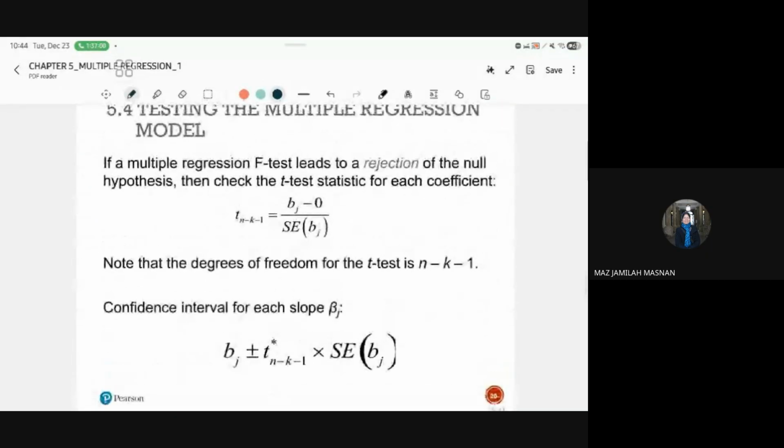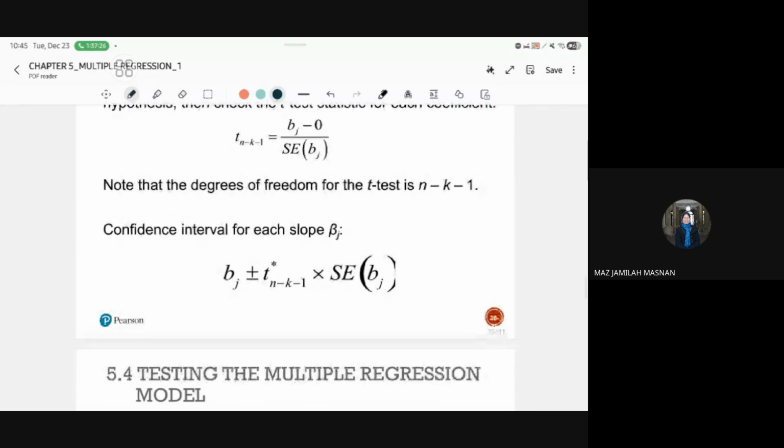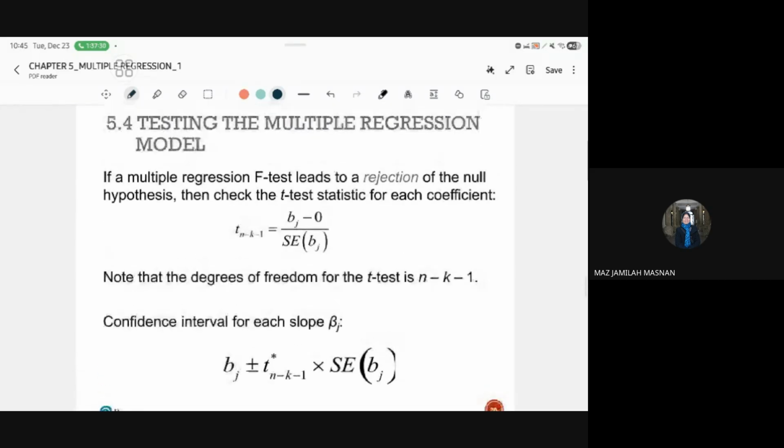If a multiple regression F test leads to a rejection of the null hypothesis, then check the t-test statistic for each coefficient. Since this is the theoretical part, I'll just go through it very quickly. Later when we have an example, we can have more detail or further discussion on how to implement these steps.